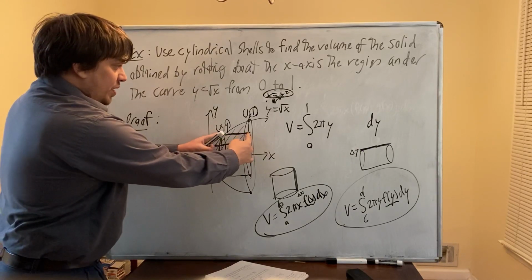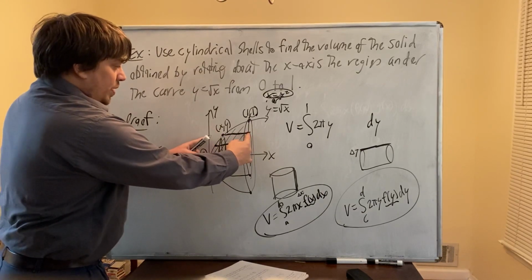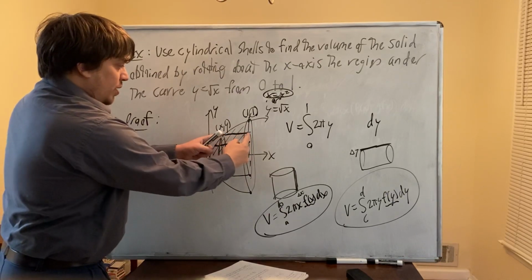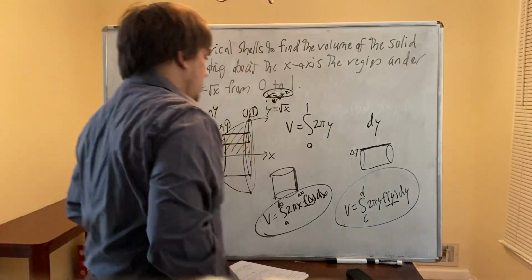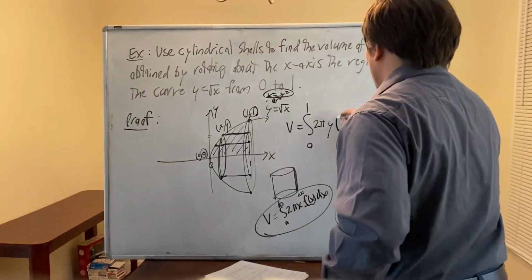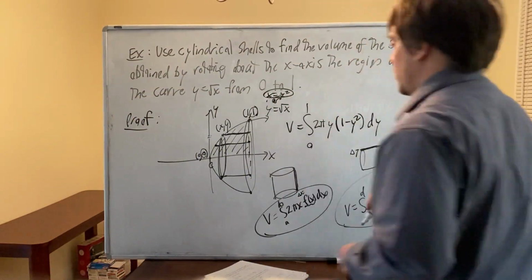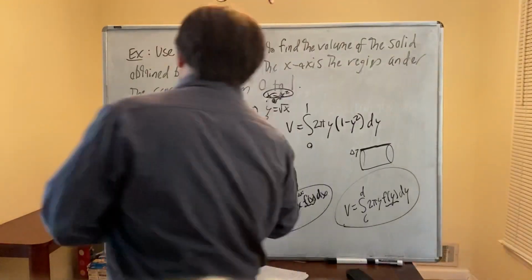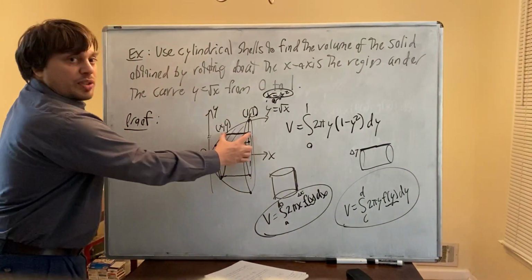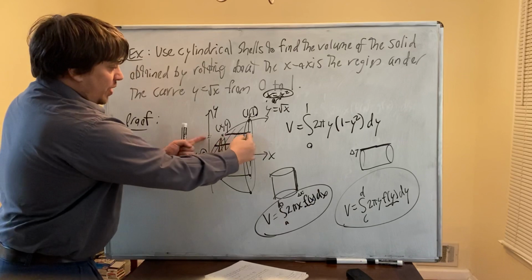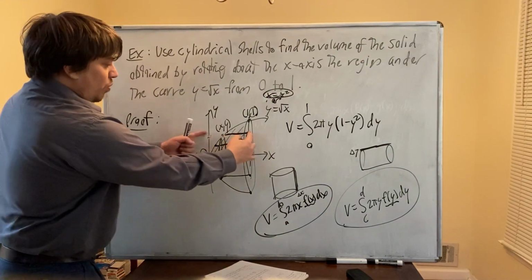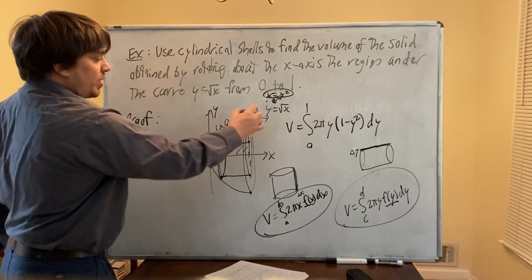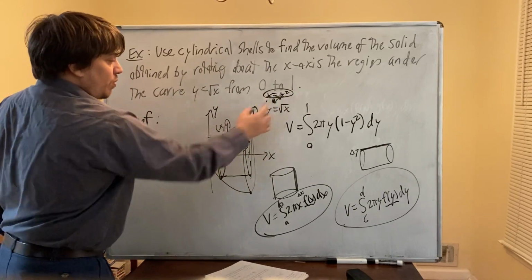And so the difference is 1 minus y squared. 1 minus y squared is the height of the function. Again, you want the height of the cylindrical shell, which is 1 minus the x coordinate of this point. So 1 minus the x coordinate of this point is 1 minus y squared.